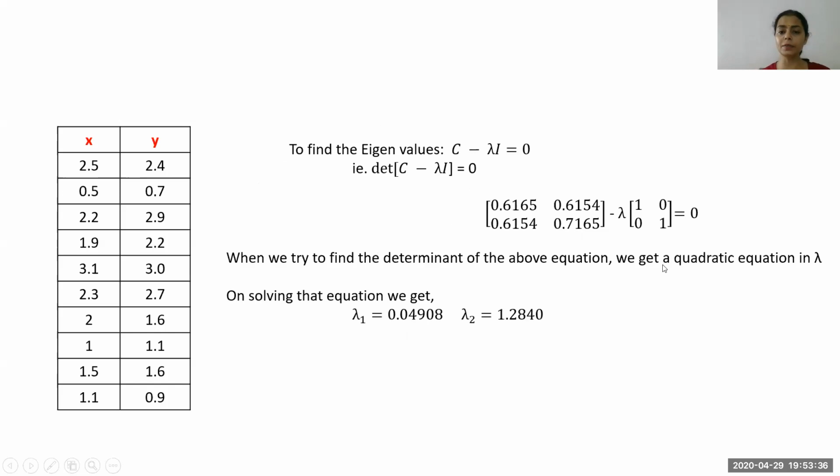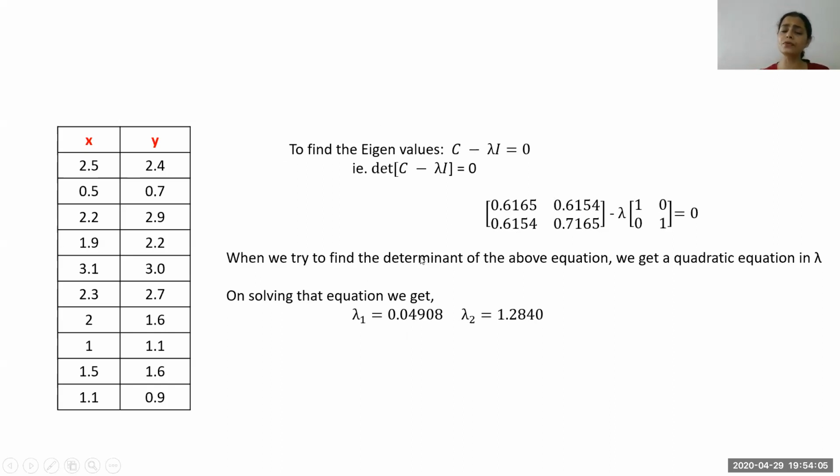To find the determinant of this matrix, we will simply subtract lambda from this. Why? Because lambda into 1 is lambda and lambda into 1 is lambda, and these two terms are going to be 0. So these common terms 0.6154 is going to be the same, and we are going to subtract lambda from this and lambda from 0.7165.